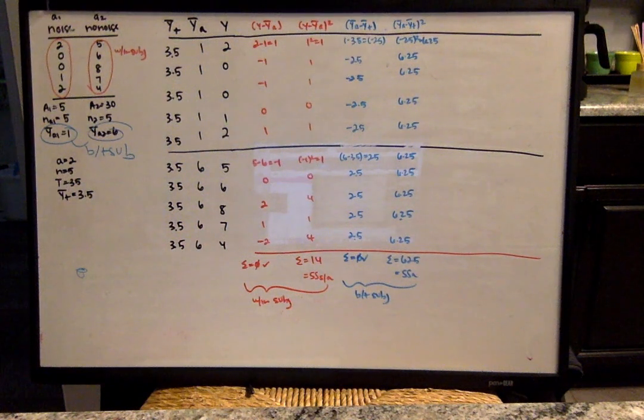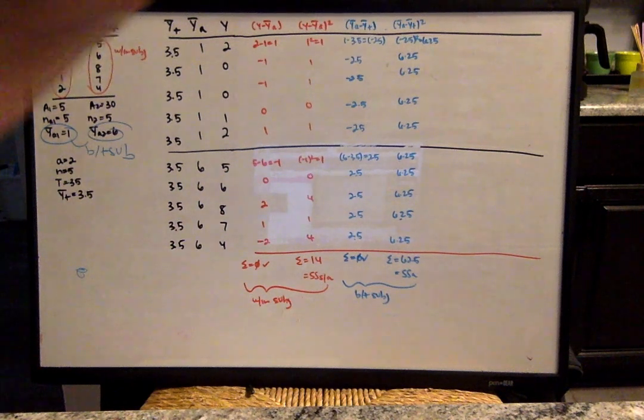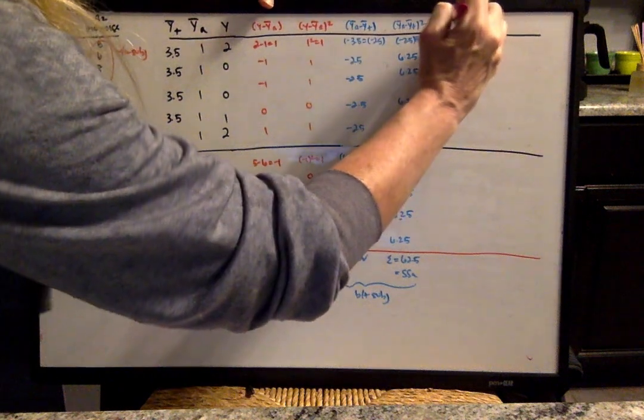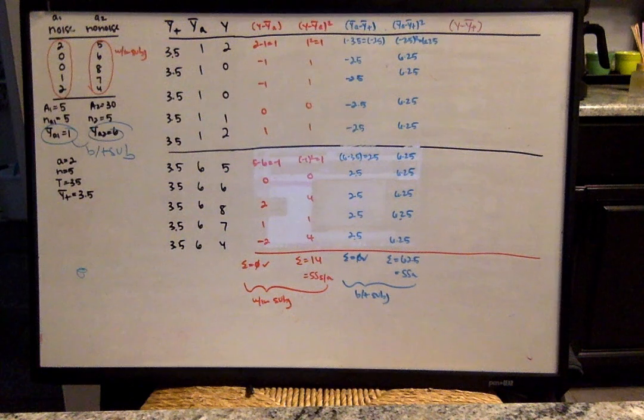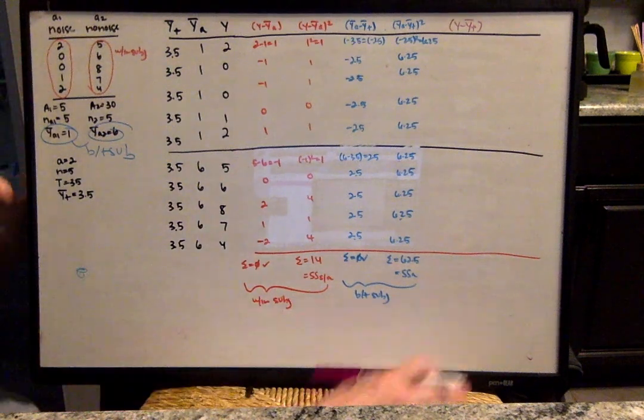In order to do this, we're going to do the same kind of calculations we've done for the previous two sums of squares. We're going to get a deviation, and then we're going to square it and add them up. For the deviation, the formula is y minus y bar t. For each one of these scores, we take the y and subtract the y bar t.